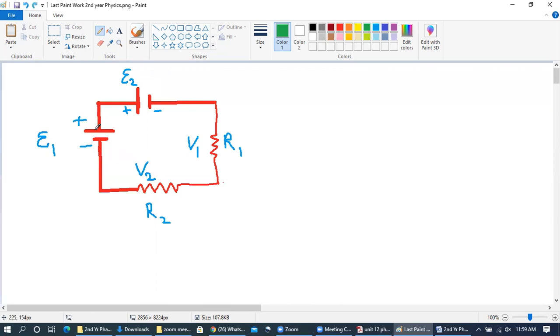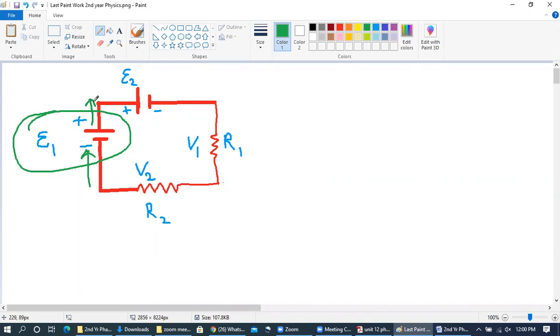Conventional current is the current which flows from positive toward the negative. So from battery 1, this battery 1 is trying to make the current flow in such a direction that, because the upper side is positive, from the positive it is trying to move the current in this upward direction.